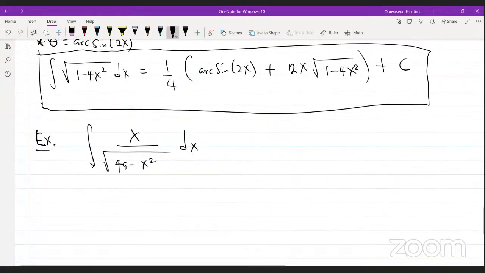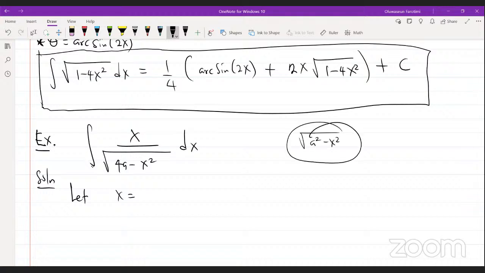So what does that mean for us, guys? Remember it is the square root of a squared minus x squared. When this happens, you say let x equal a sine of theta.